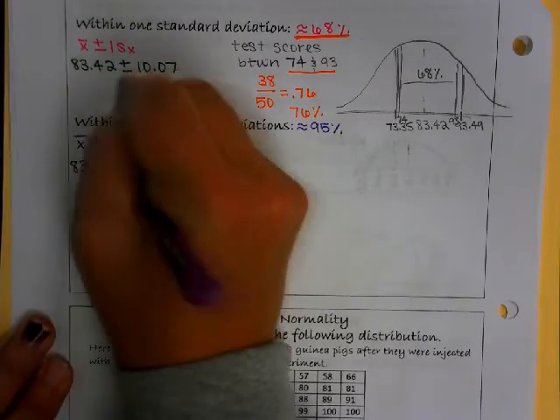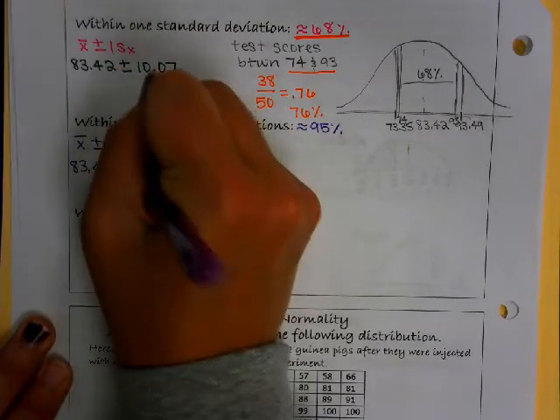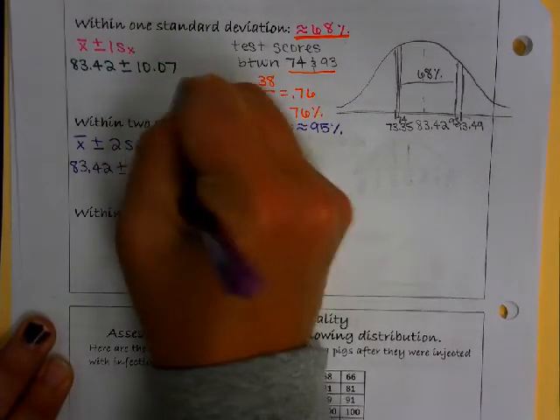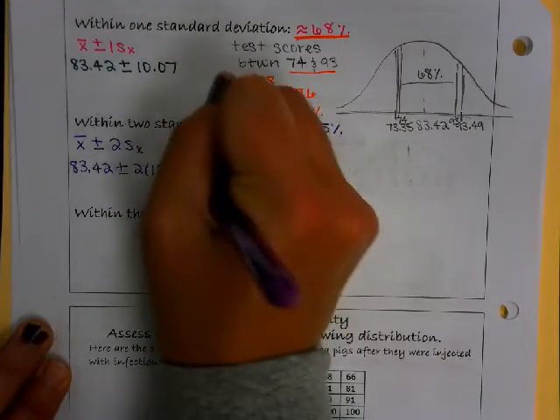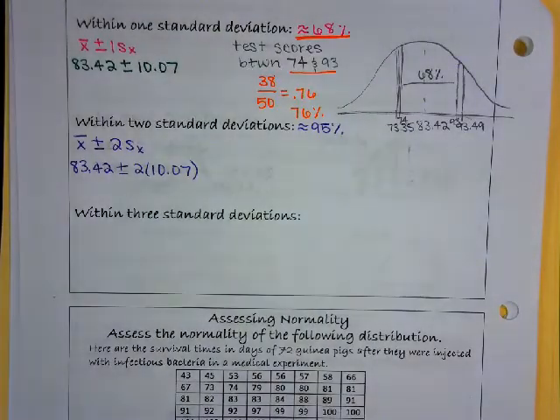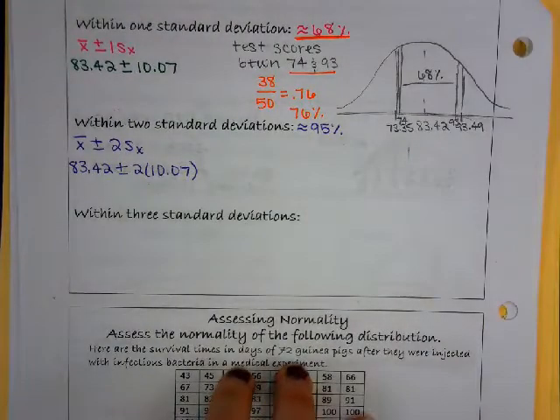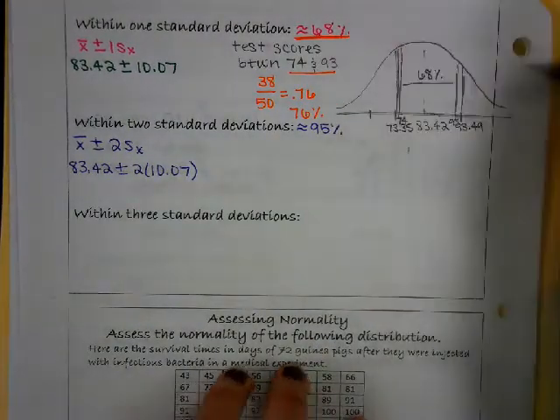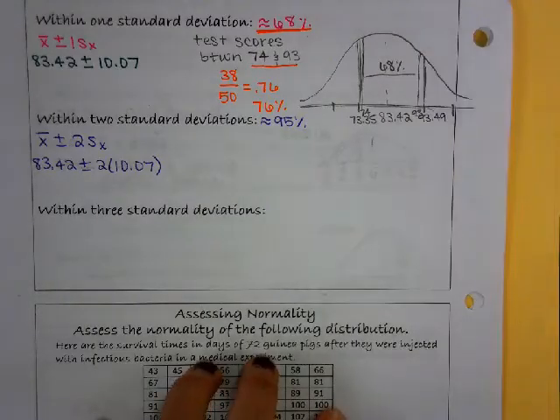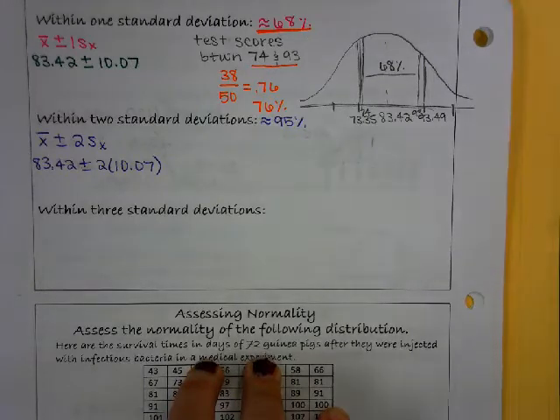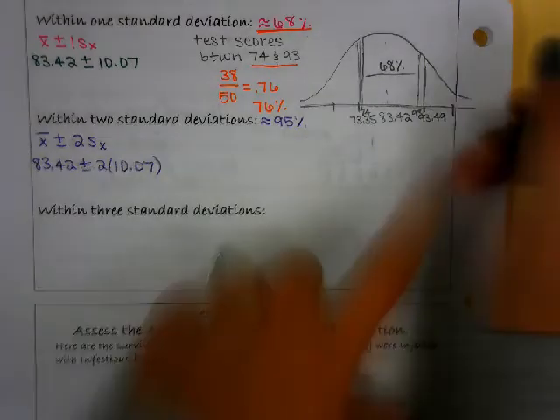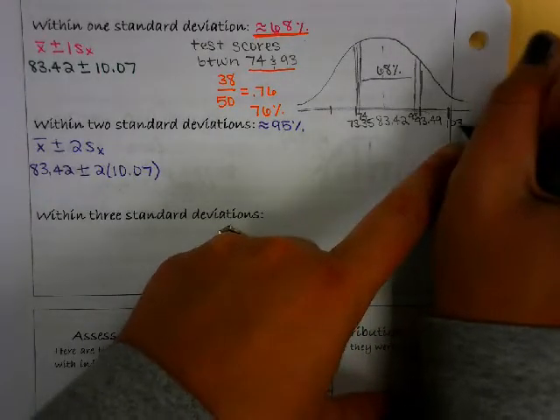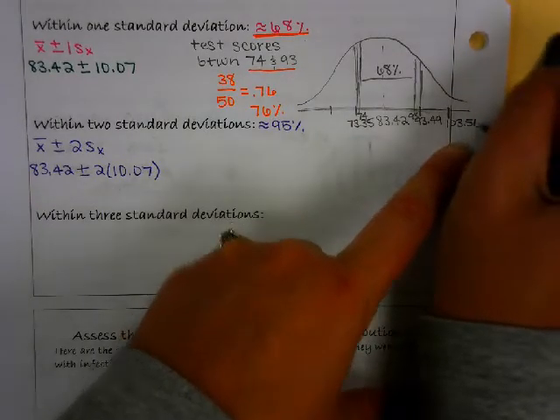I'm going to add those numbers to my picture here as well. 10.07 times 2. So 103.56 is 2 above, and 63.28 is 2 below.